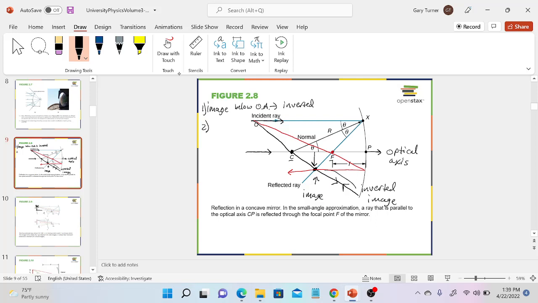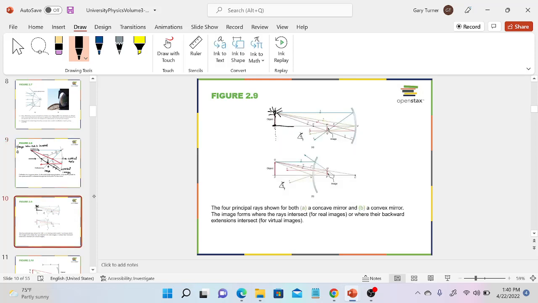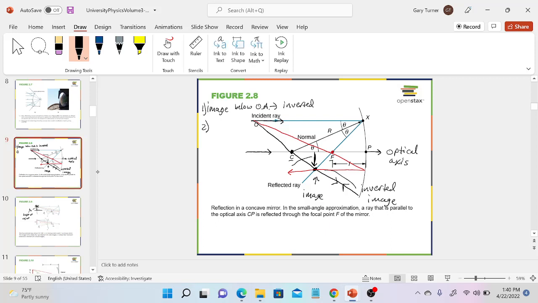Number two, if I were to measure the height of the image and compare that with the height of my initial object, so I'm going to label the height of the object h naught, and I'm going to label this the height of the image, then the magnification is going to be equal to negative h_i over h naught.